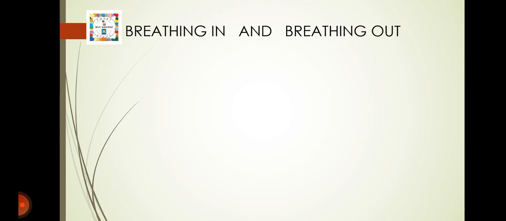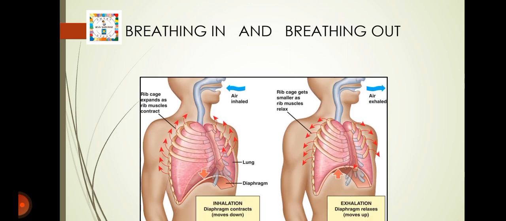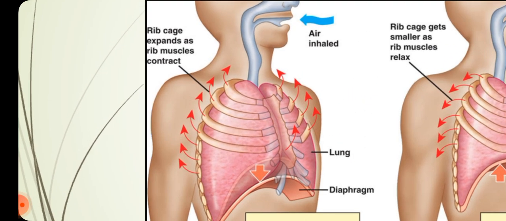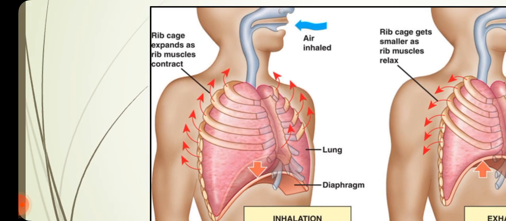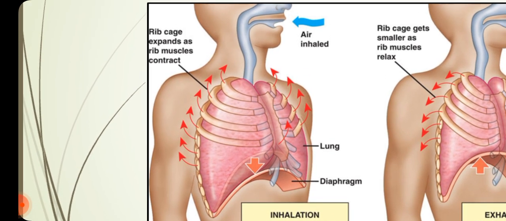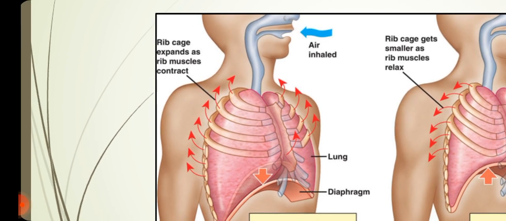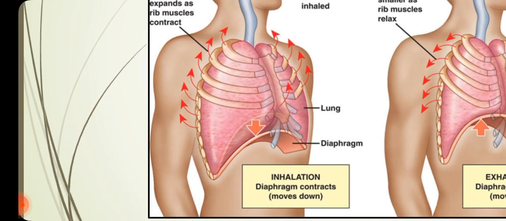Now we will understand the mechanism or functioning of our lungs and diaphragm with a diagram. This process is breathing in and breathing out. First, when we inhale air through our nose and mouth, through the trachea, it enters into the lungs.